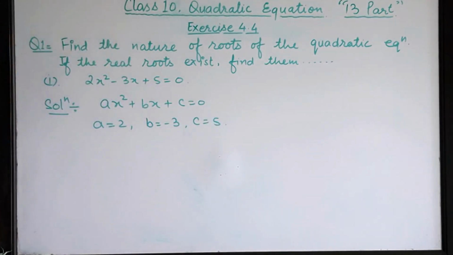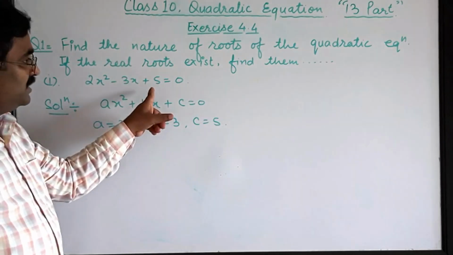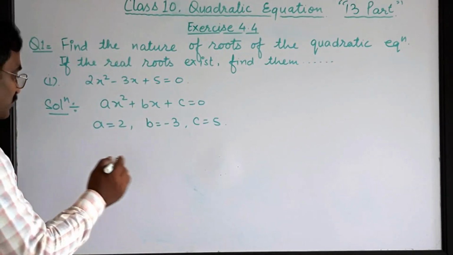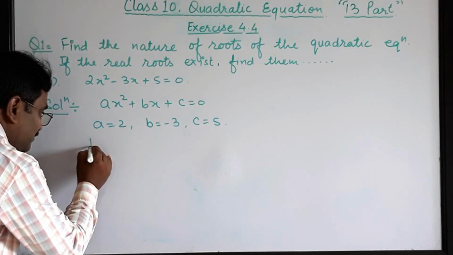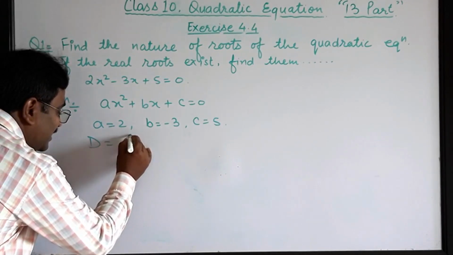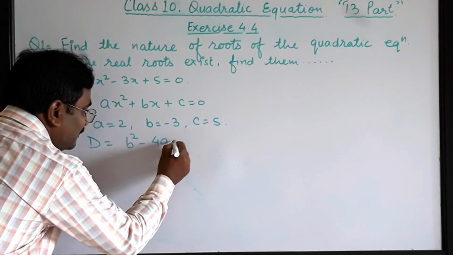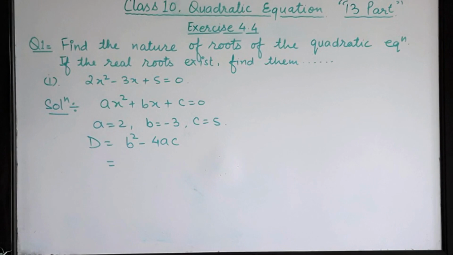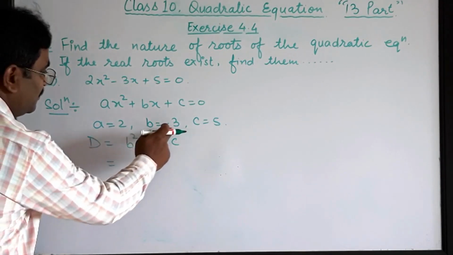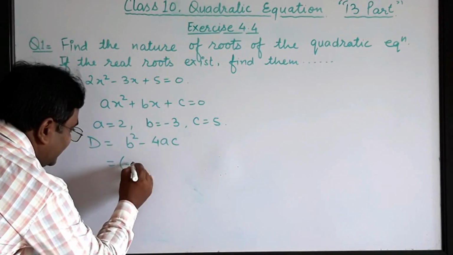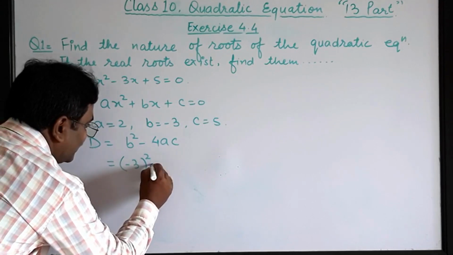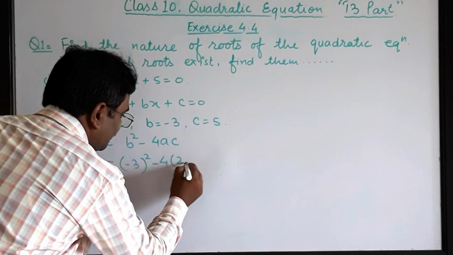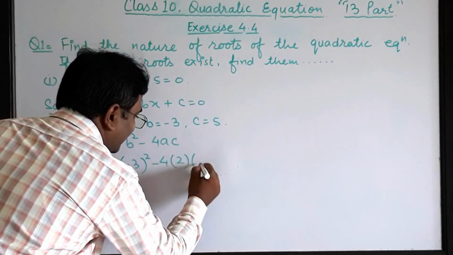So to decide the nature of the roots of this equation, we have to find out the value of the discriminant first of all. As you know, the discriminant is equal to b square minus 4ac. Now substitute the values of a, b and c. b is equal to minus 3, so you can write minus 3 whole square minus 4 into a, which is 2, into c, which is 5.